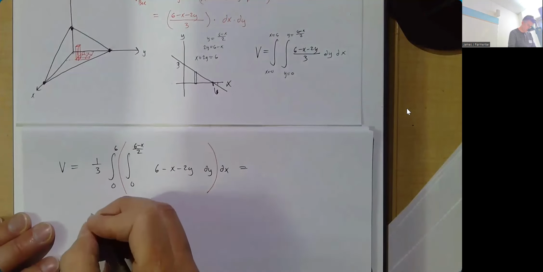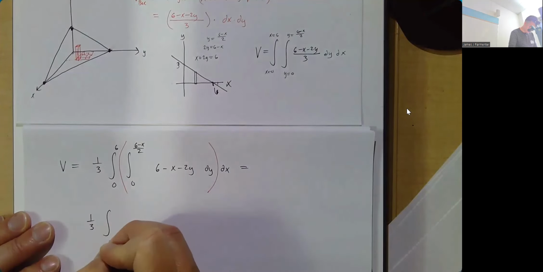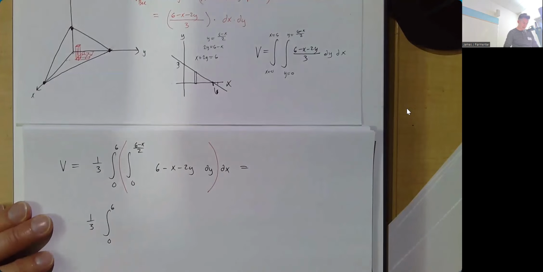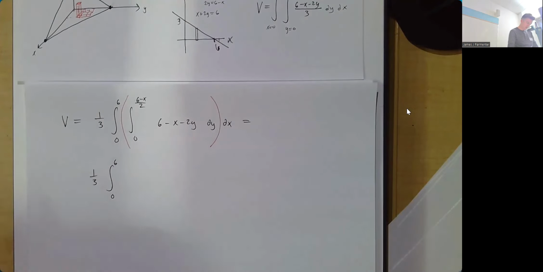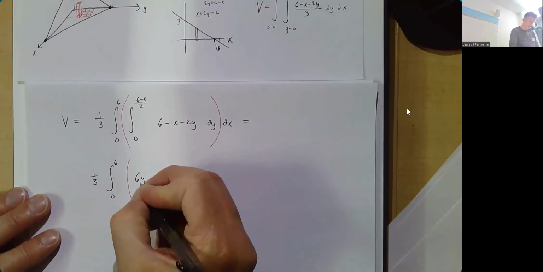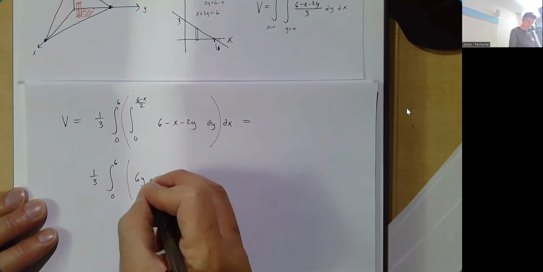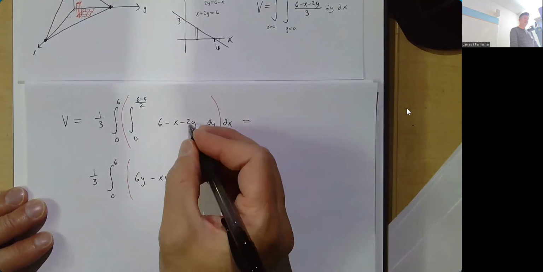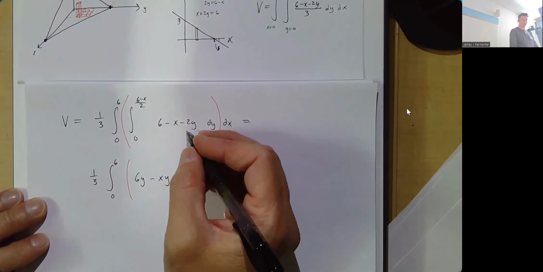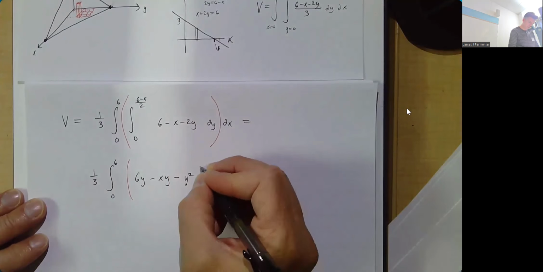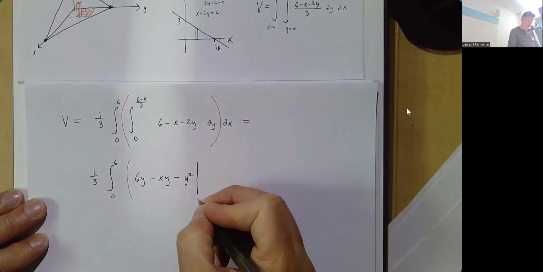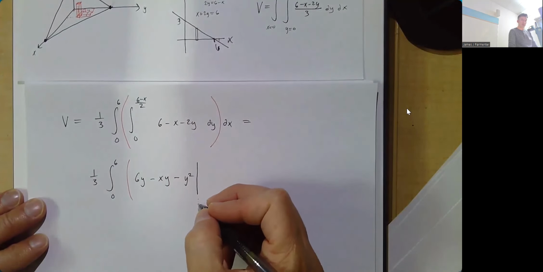We're going to get 1/3 times the integral from x equals 0 to x equals 6. And now we anti-differentiate. So the antiderivative of 6 is 6y. Antiderivative of x is xy. Antiderivative of 2y is 2y squared over 2, or just y squared. I do like to write the y equals right here so I know what I'm plugging in for.